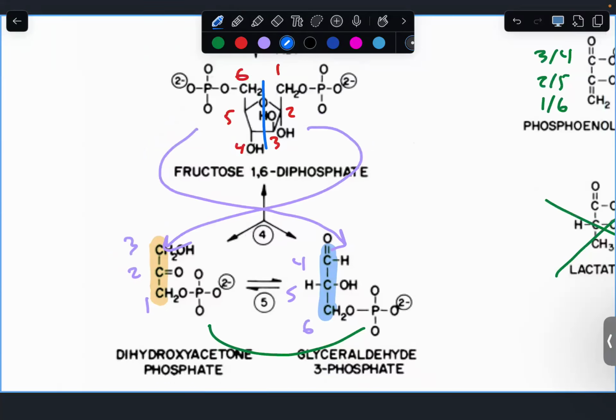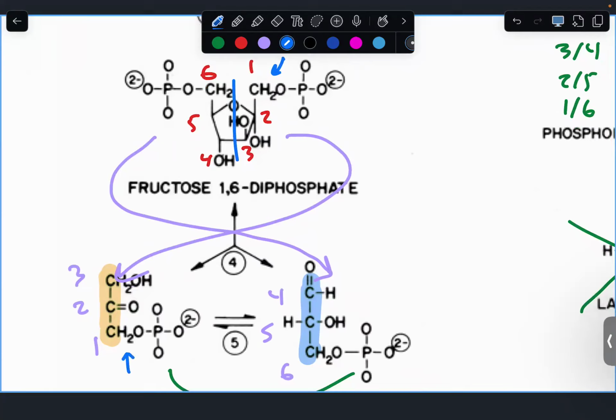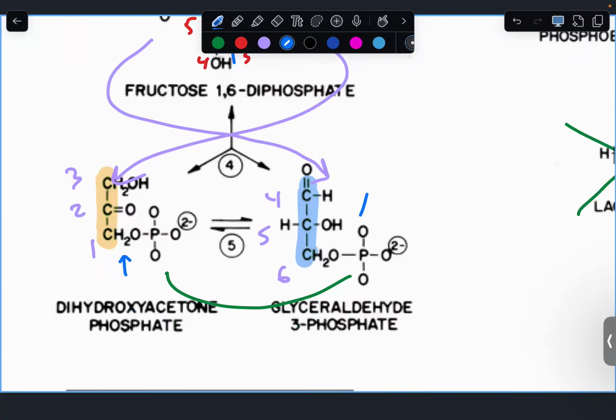And using the phosphate groups as the handles, you can figure out which carbon is which. So here, this is carbon 1 that had the phosphate group. So this is where carbon 1 will be here as well. And carbon 6 had the phosphate group here. So it'll be 6 here and then 6, 5, 4.